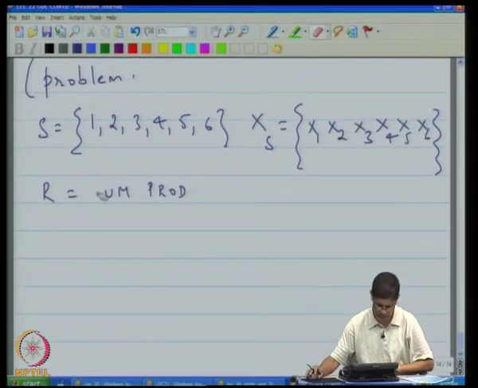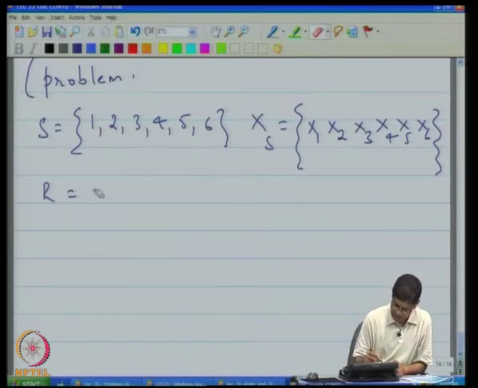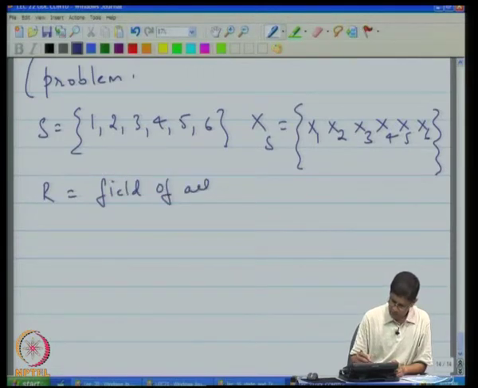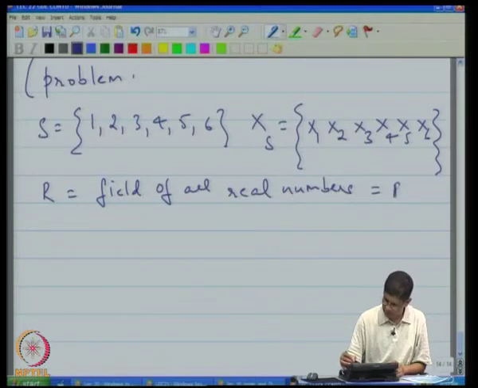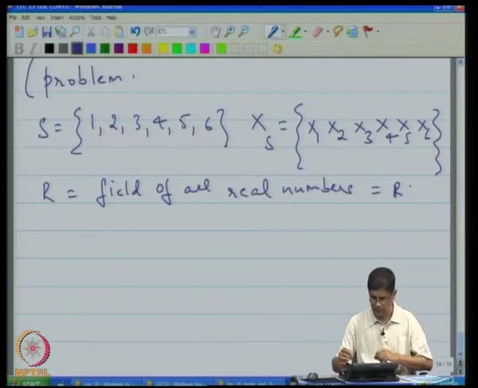So, in fact this semiring is just the field of all real numbers, R.